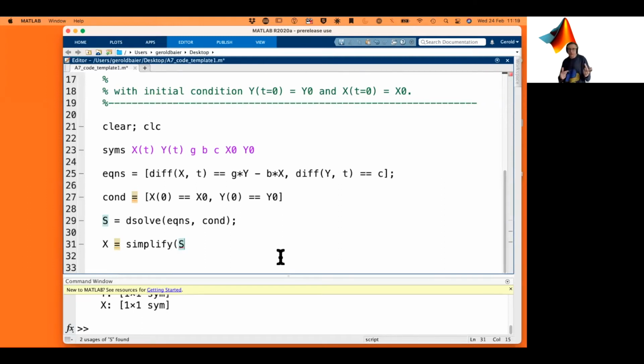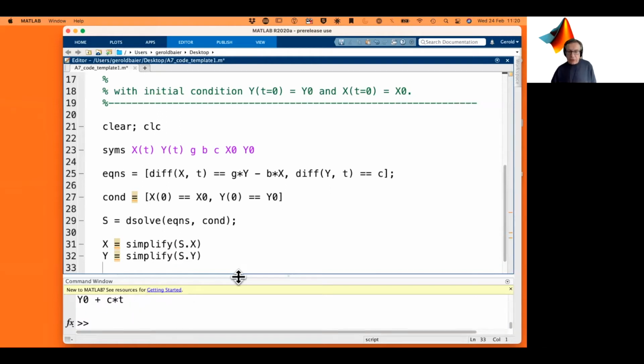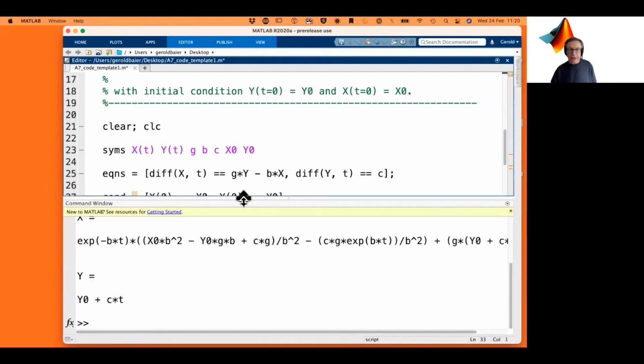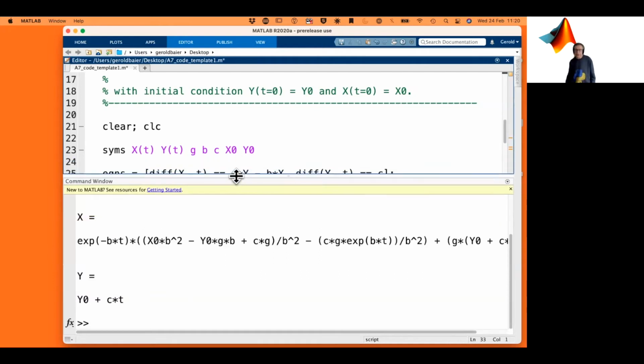So the solution for the first variable, we can access via s, the solution dot x. If you remember, it was y and x that we have available. So s dot x will be the solution for the first equation, and very similar in structure, we can get y, and we do again simplify s dot y. Close the parentheses, and we don't put any semicolons, so the solution should just be coming up down here.